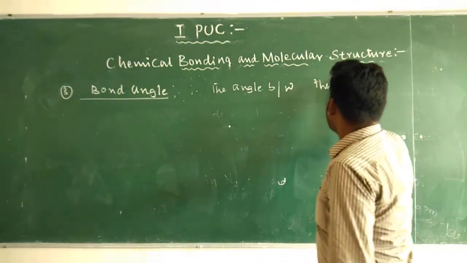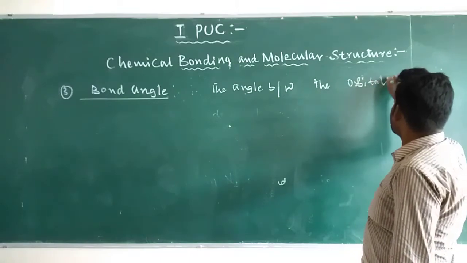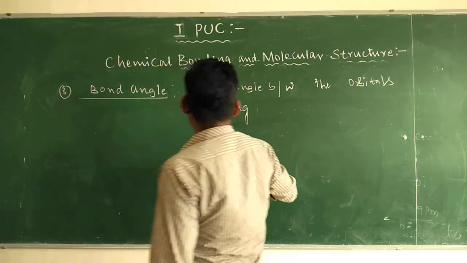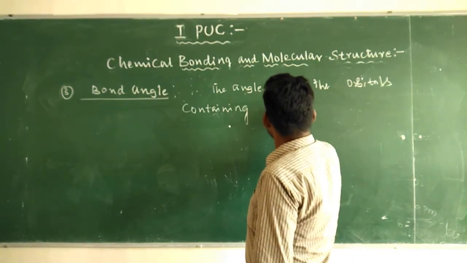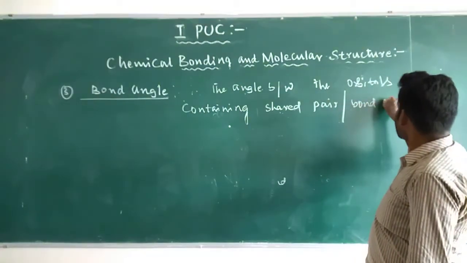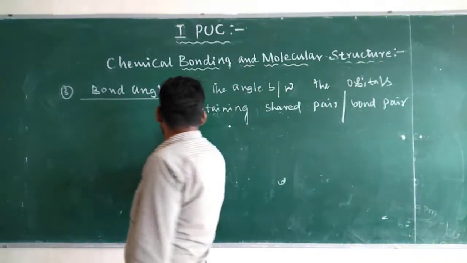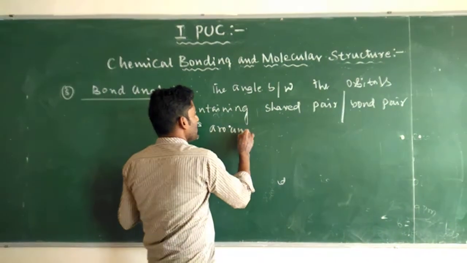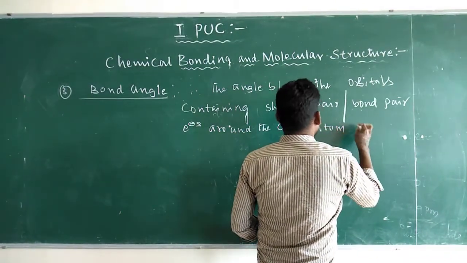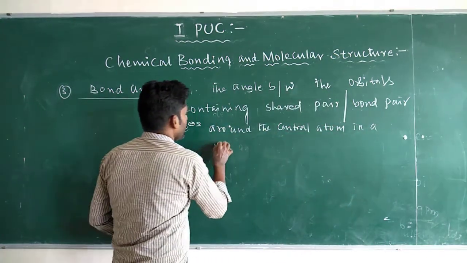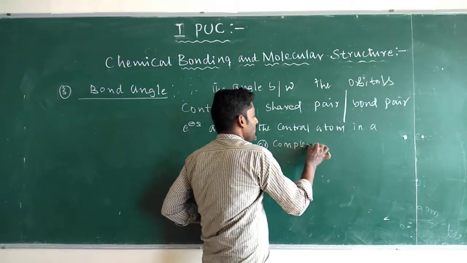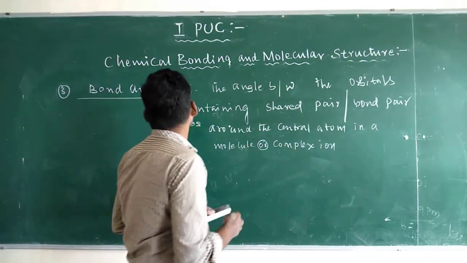The angle between the orbitals containing shared pair or bond pair electrons around the central atom in a molecule or complex ion is called bond angle.